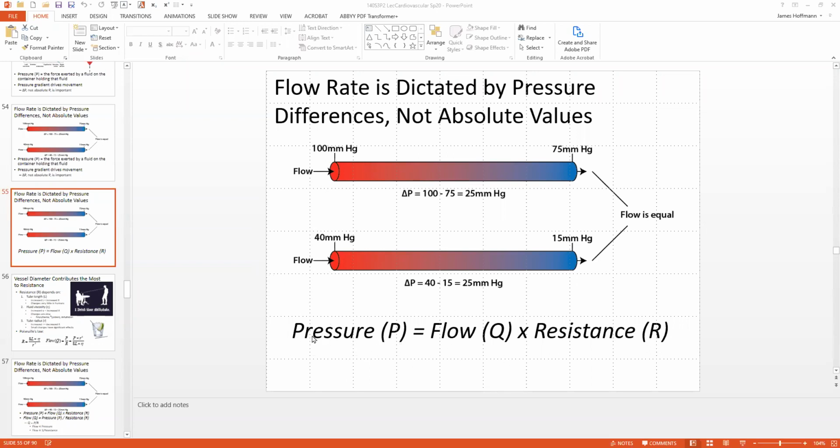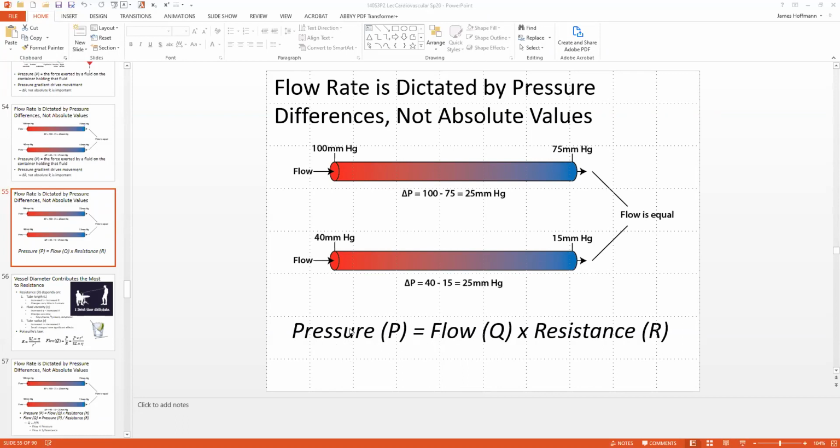If we want to look at flow, we have to do a little math. If I want to isolate flow on the right side by itself, I divide both sides by resistance. So I get resistance over resistance on the right side, that's going to cancel each other out because that's 1. And so I have to put resistance on the bottom of the other side.